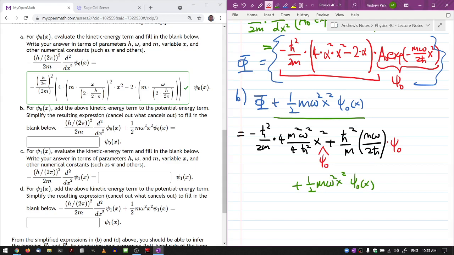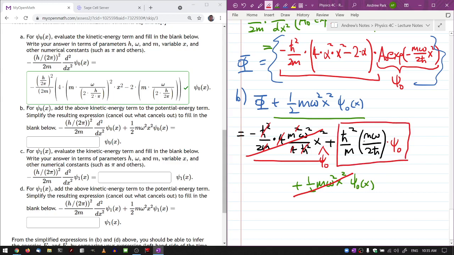Now watch this simplification. In this first term, the 4s cancel out, one factor of m cancels out, h bar squared cancels out. So this entire expression is minus 1 half m omega squared x squared, which is the exact opposite of plus 1 half m omega squared x squared. So this whole thing cancels out this whole thing, and the only term that remains is this one. It's quite remarkable how it simplifies.